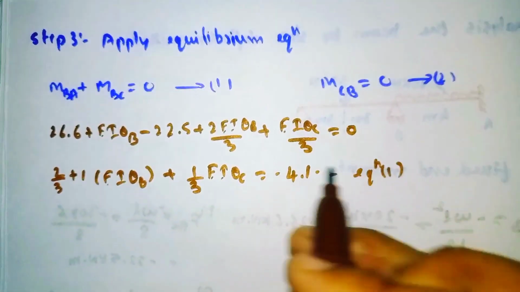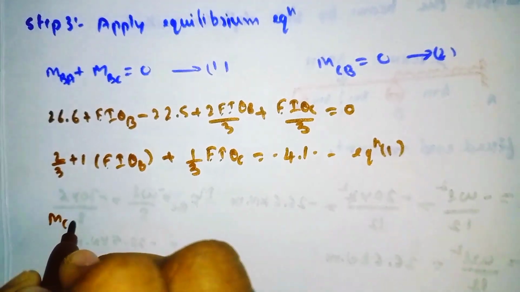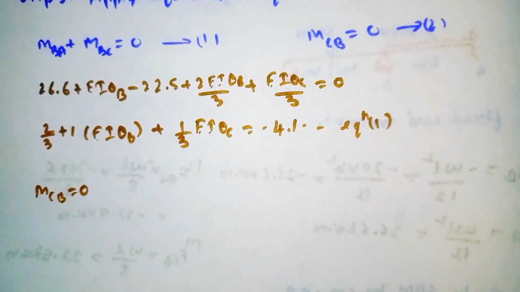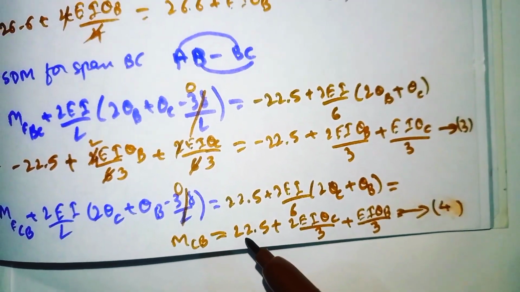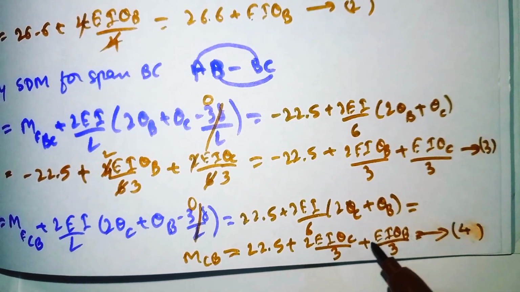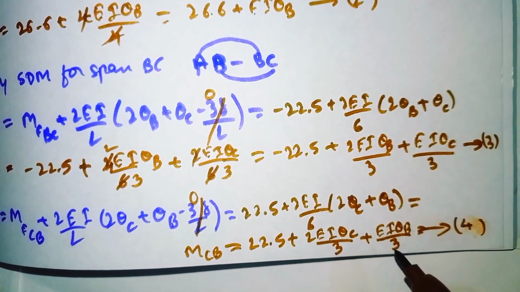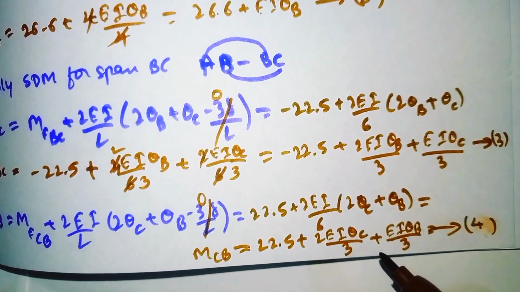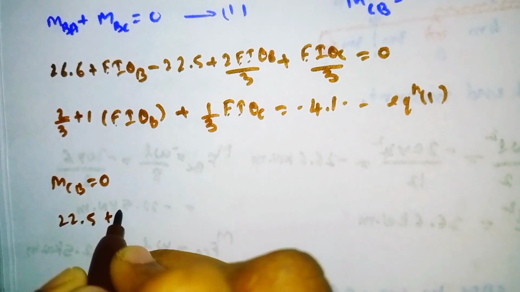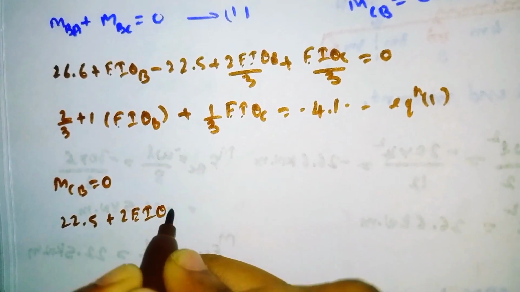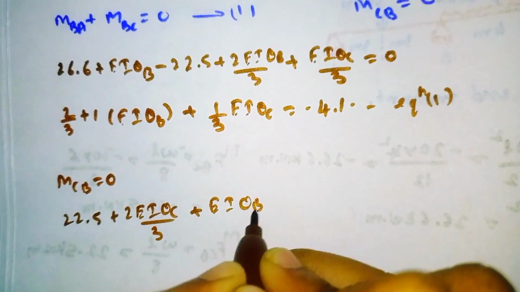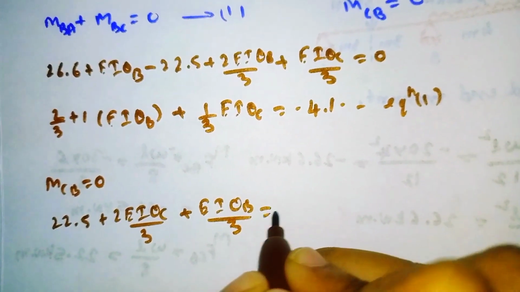So now we'll see MCB. MCB is equal to 0. Our MCB value we got was 22.5 plus 2EI theta C divided by 3 plus EI theta B divided by 3. So substitute this value: 22.5 plus 2EI theta C divided by 3 plus EI theta B divided by 3 is equal to 0.